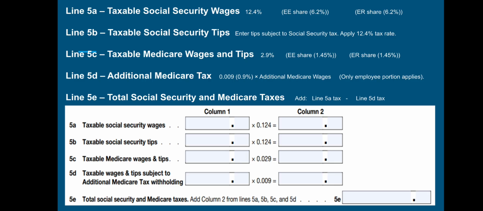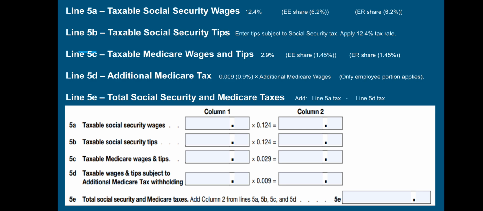In this box, you have to enter tips subject to social security tax, the same percentage as mentioned in the 5A line. Line 5C, taxable Medicare wages and tips. Total percentage is 2.9%, which includes the employee and employer share of 1.45% each.